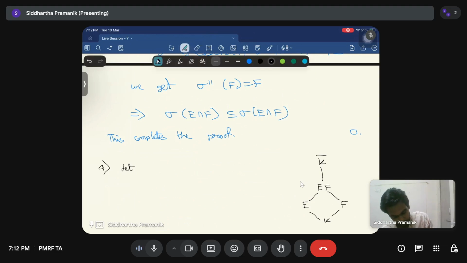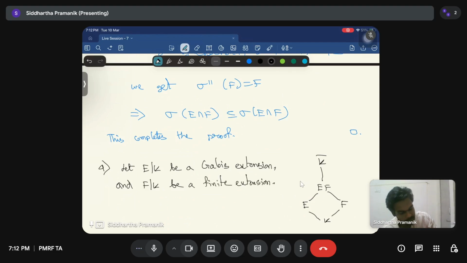So let E over K be a Galois extension and F over K be a finite extension. Then from the previous thing we know that this part is Galois implies this part is Galois.